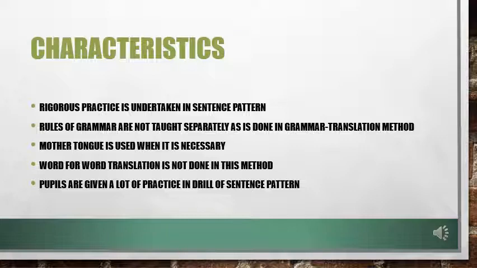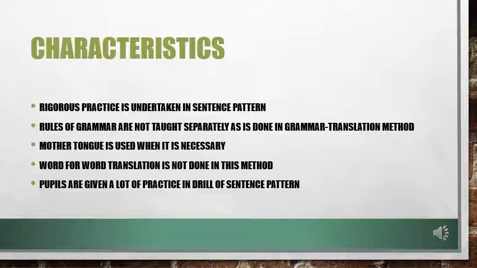And the second one is that rules of grammar are not taught separately, as is done in the grammar translation method. In the grammar translation method, the formal method of teaching is practiced, but in the direct method we practice the functional method of teaching grammar.